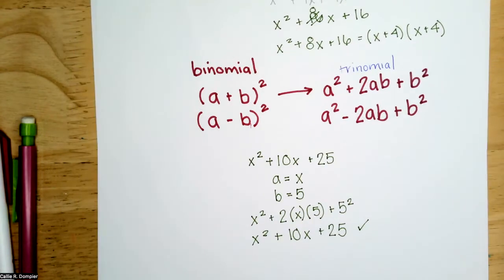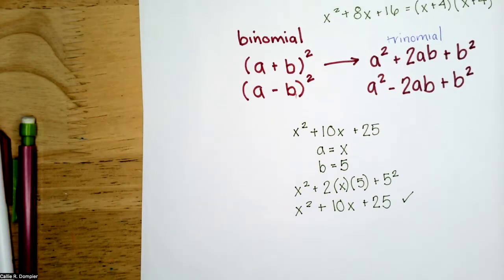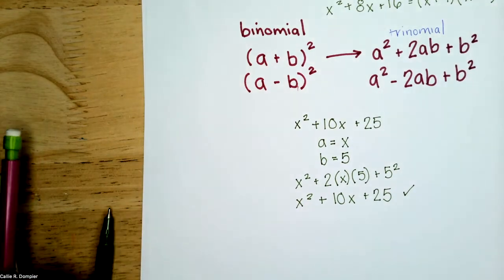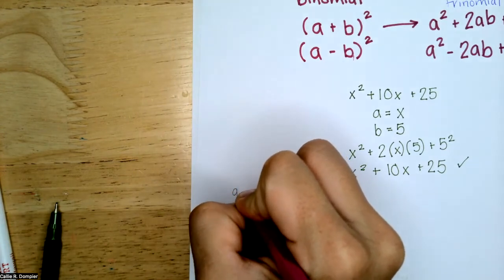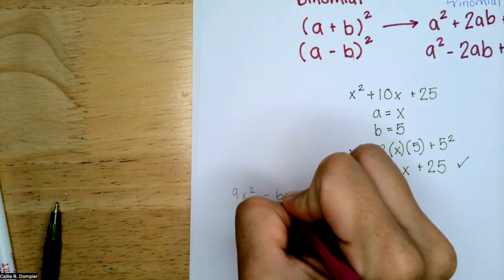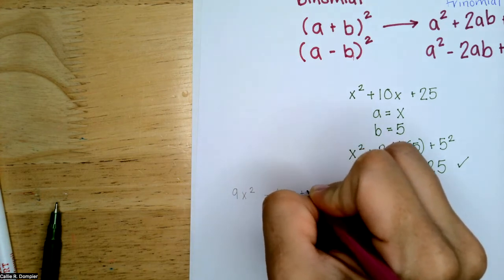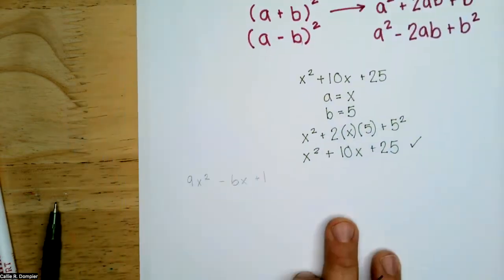All right, so I'll just do 3 very brief examples. Here is 9x squared minus 6x plus 1. So I want to know, is this a perfect square trinomial?